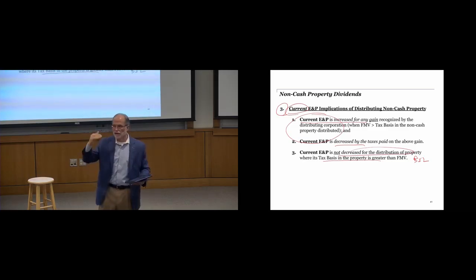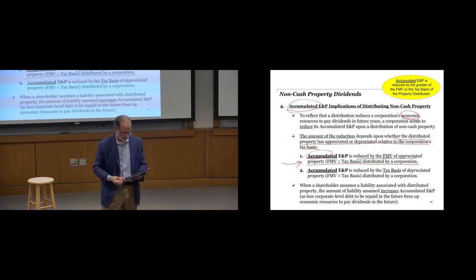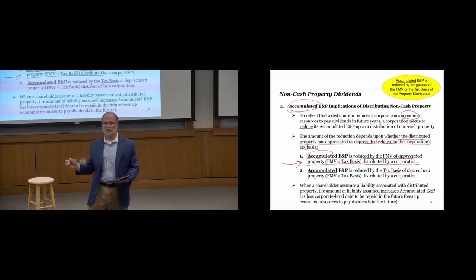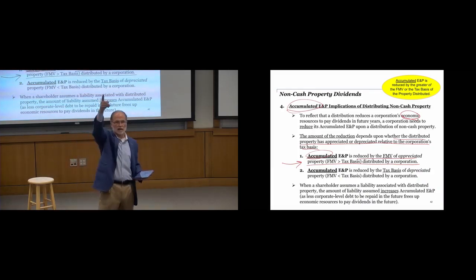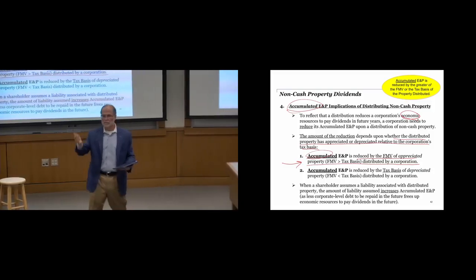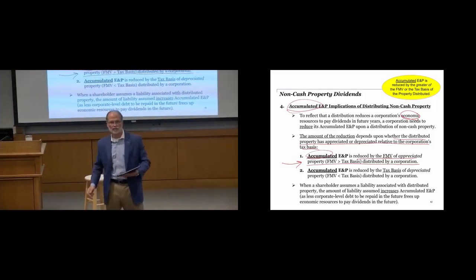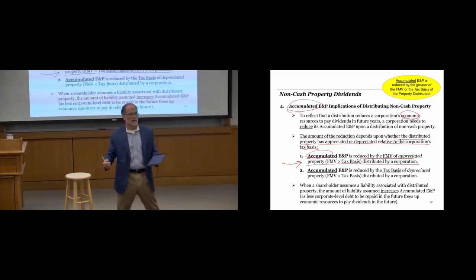I lower that a little bit by the tax I pay on the gain because that cash goes out the door. And then I reduce it for the full fair market value of the property because I just gave you the property, it's gone. I have to account for that, I can't give that value again. Right? So up by the gain, down by a little bit of the tax, all the way down by the fair market value. That's the total E and P. It's just broken out between current.